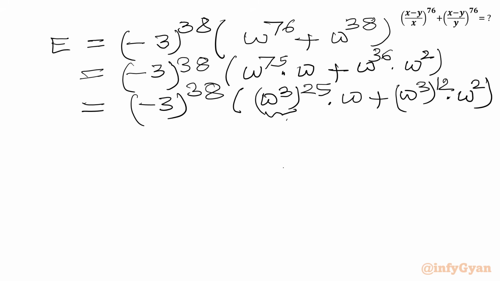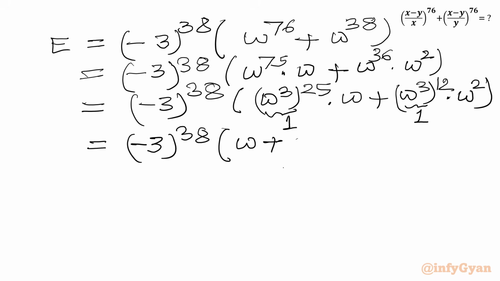Now we know that ω³ is 1, so 1 power 25 or 1 power 12, both values are 1. We will write here (−3)³⁸ in bracket ω plus ω².